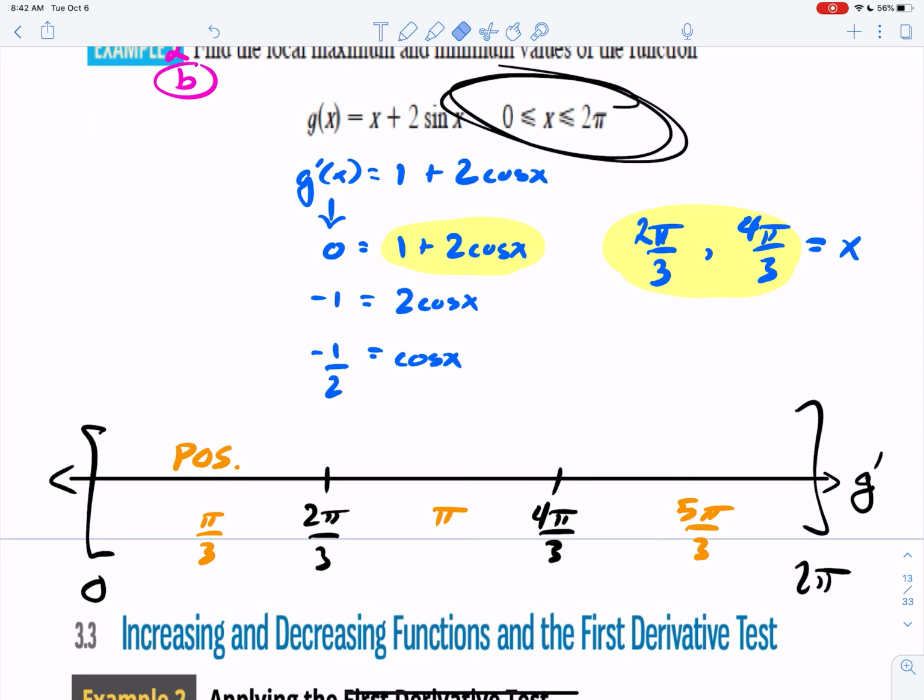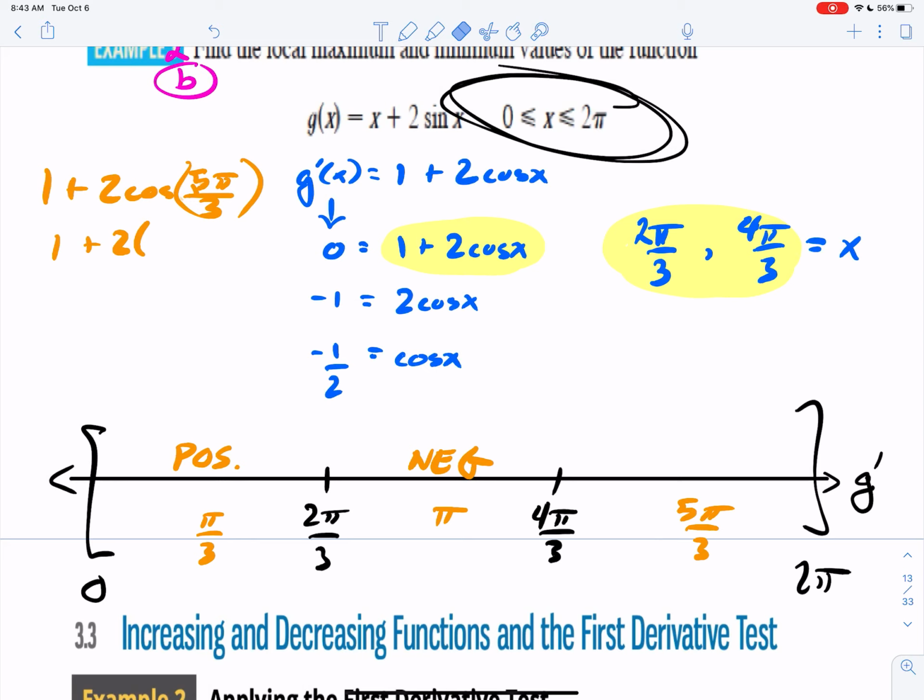If I plug in pi, I know that cosine of pi is negative 1, so I have to do a little bit of work here. Negative 1 times the 2 is negative 2, plus 1 is something negative. Now, if I plug in 5 pi over 3, 5 pi over 3 is in the fourth quadrant.